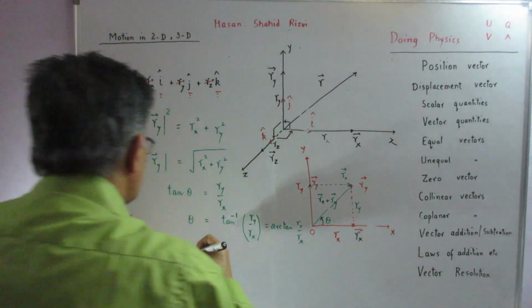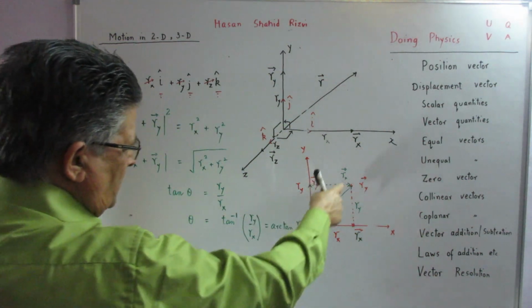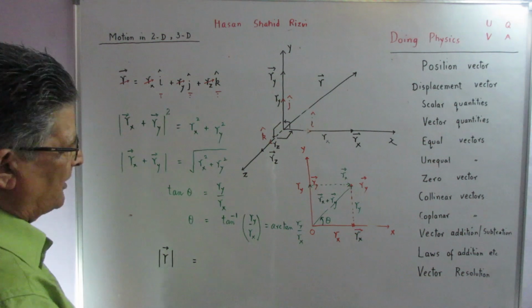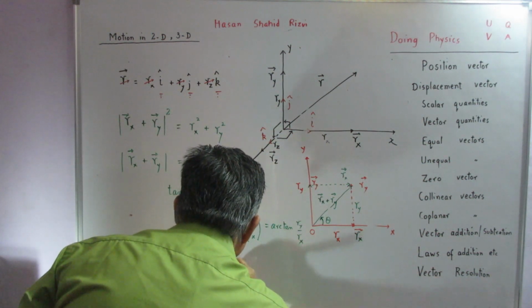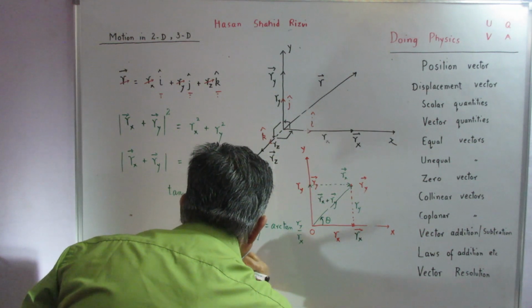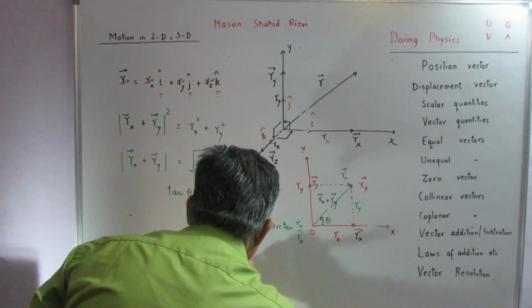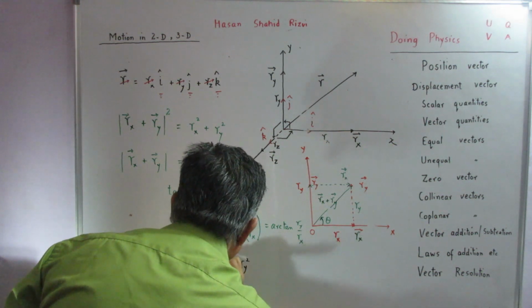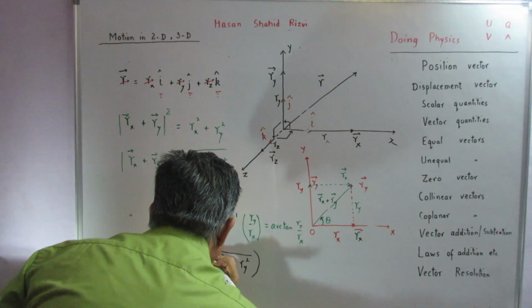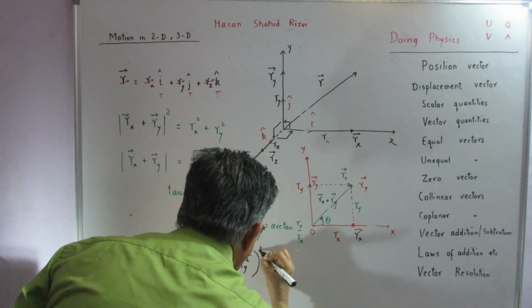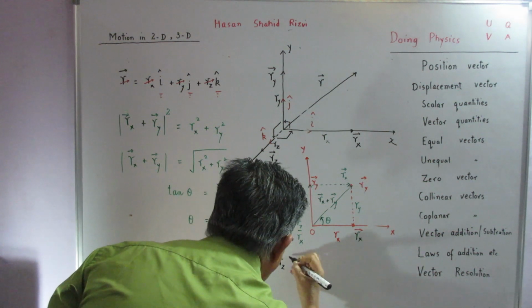Using the same kind of trigonometrical relationship, I can write it as Rx square plus Ry square under root, whole square, plus Rz square.